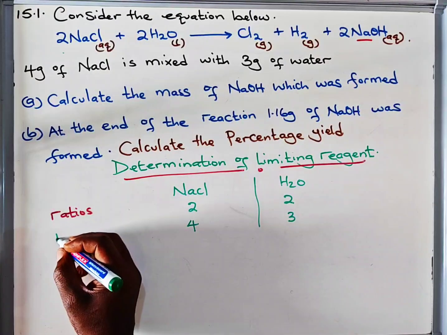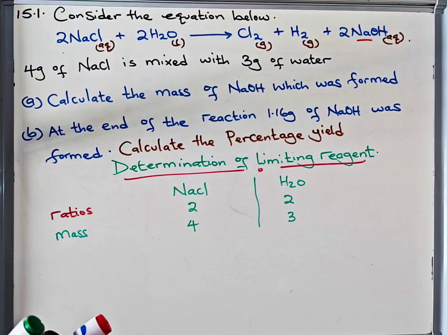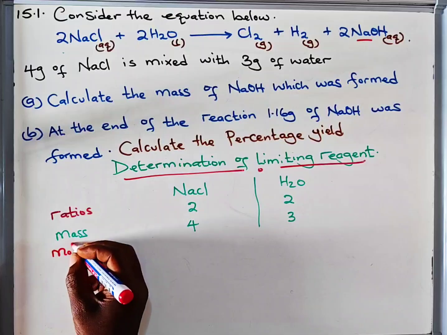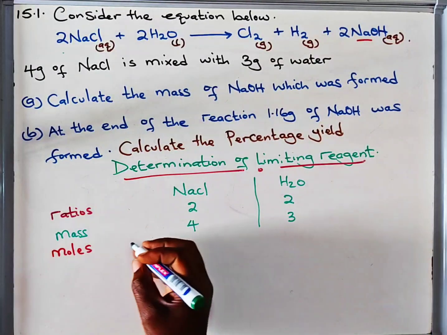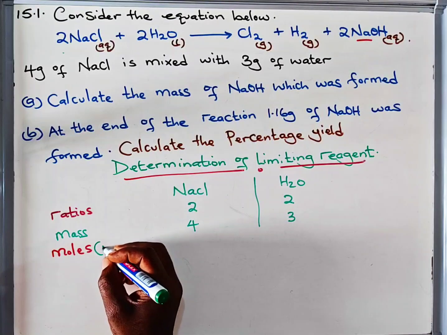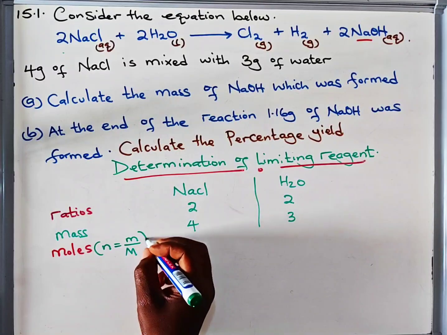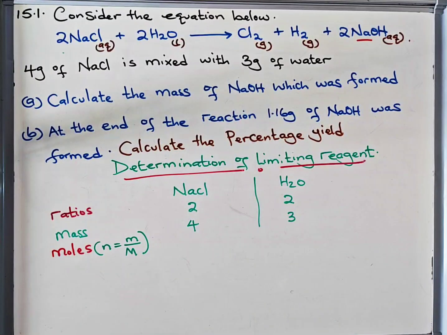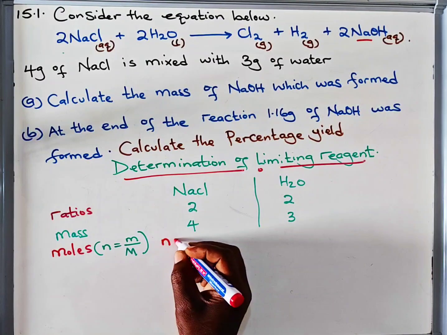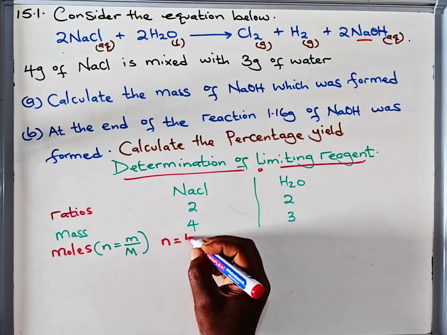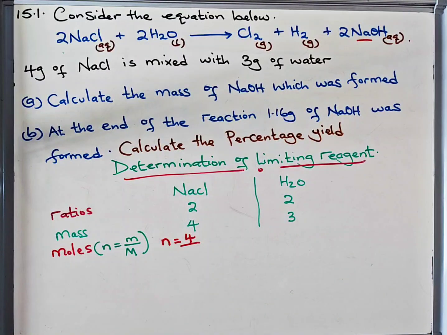So this is the mass. Now we go to moles. Number of moles is obtained by this equation: n is equal to mass over molar mass. So when you come here to substitute to get n, you're going to have your mass, which is 4, and the molar mass of sodium chloride, which we need to determine.